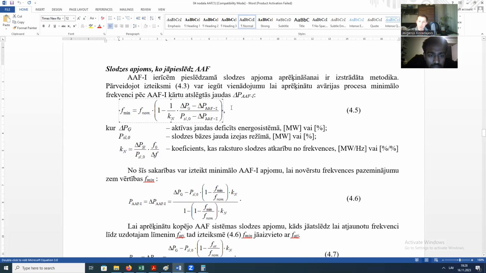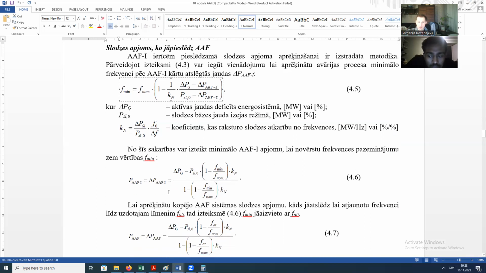In other words, this formula could be transferred to answer another question. How much load do we need to connect to under frequency automation not to let the frequency go lower than the minimum value? So we define that the minimum value could be, for example, 46 hertz, and we want to calculate how much load should be connected to this under frequency automation not to let the frequency be lower than 46 hertz.